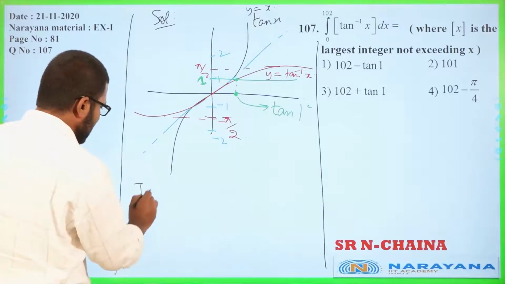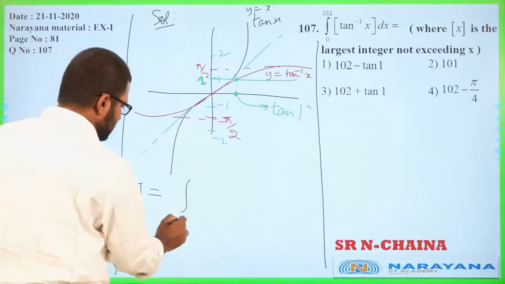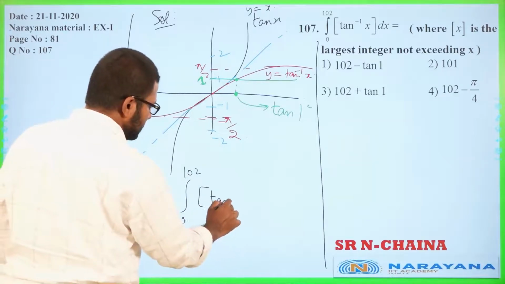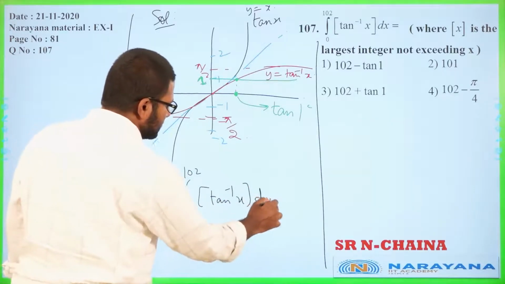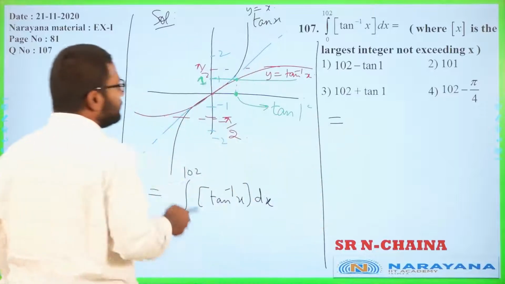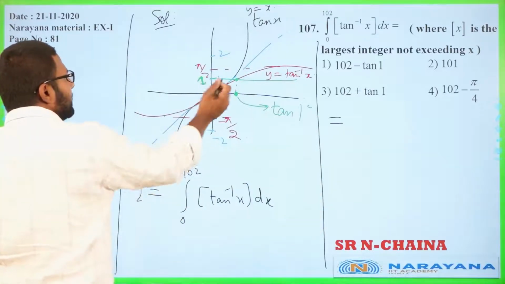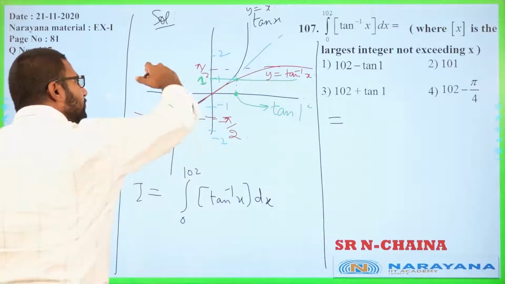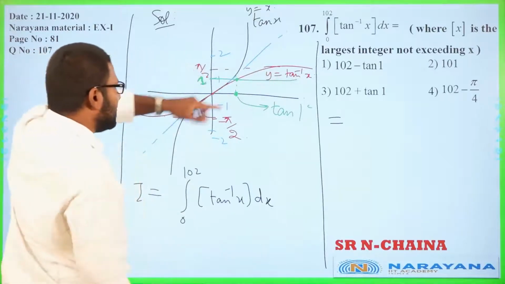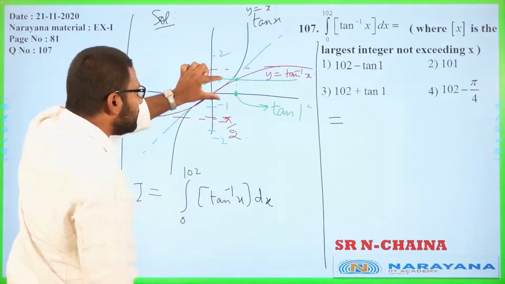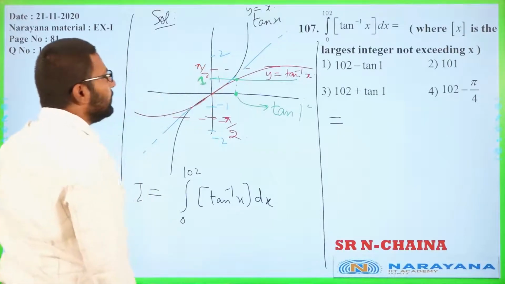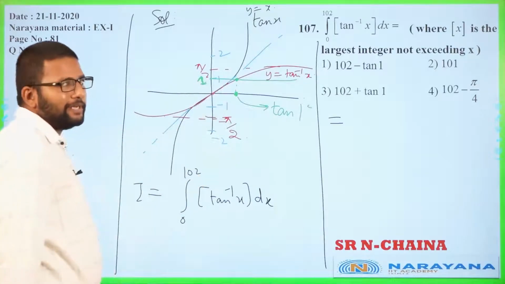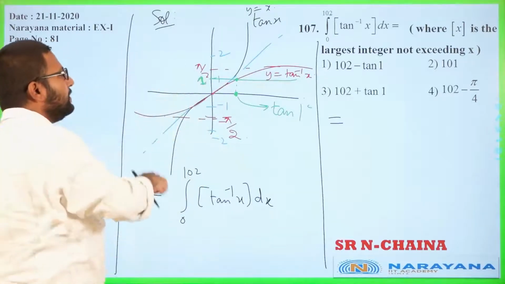Okay, so with this understanding, now we are going to start integrating. Alright, we will say I is equal to integral 0 to 102 step tan inverse x dx, which as you can clearly see on the left side of tan 1, the graph is below this line, green line. The graph is below green line, which means the integral part is 0. Can you see that? Because all of these points, this will be 0.1, 0.2, 0.3. When you take step value, there will be 0.